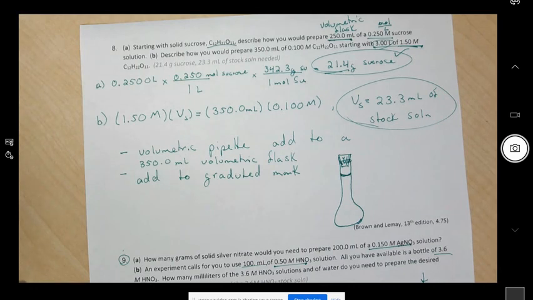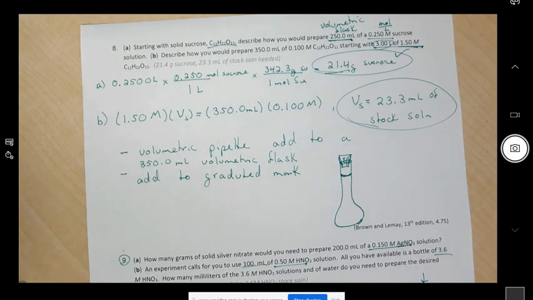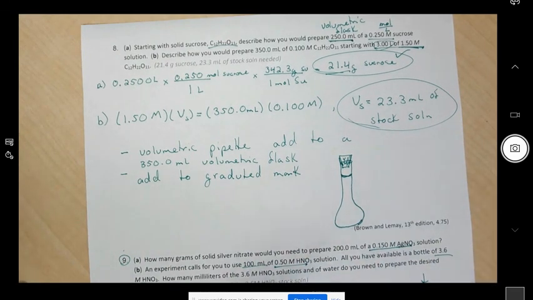Now, I'm looking at sig figs again, and I see the 3.6 here. So I'm really tempted just to say that this is 14. I'm going to go ahead and say that the volume of the stock solution I need is 14 milliliters. So the second part of this question is, how many milliliters of water do you need to add?